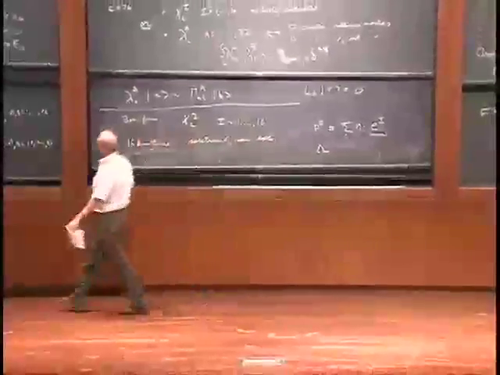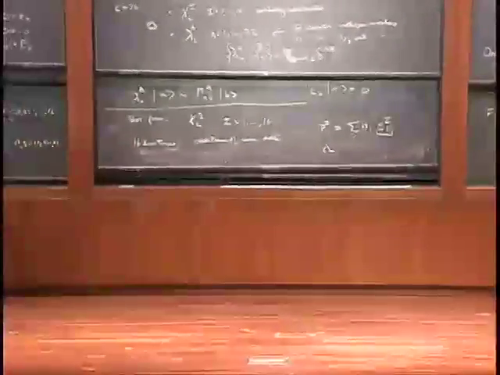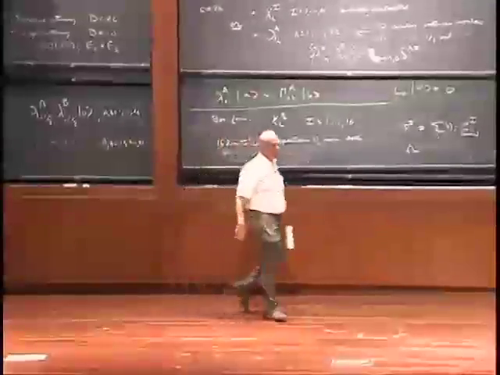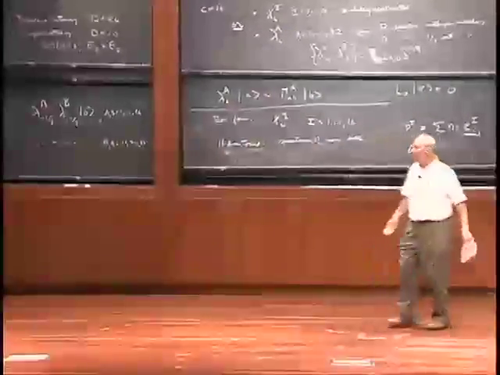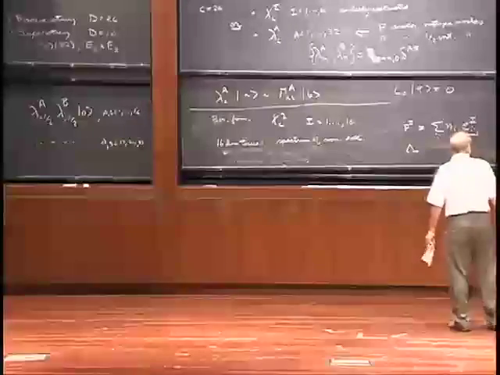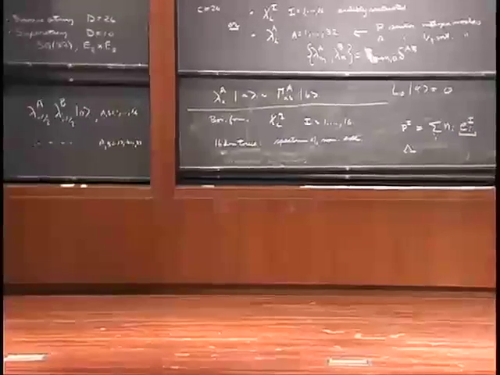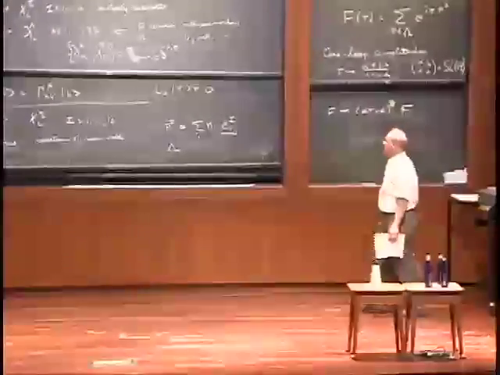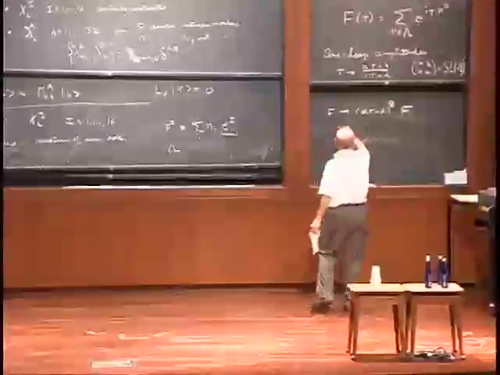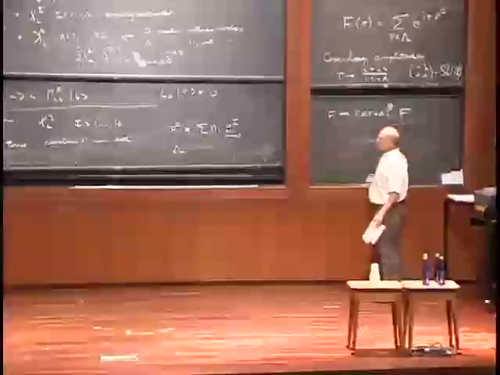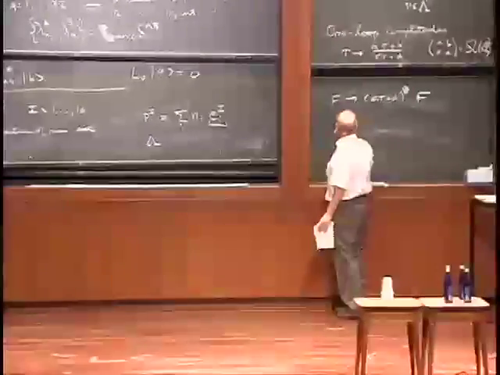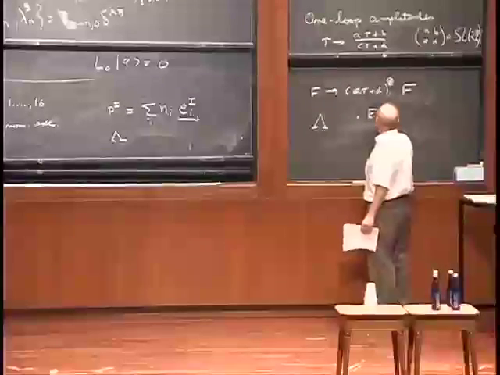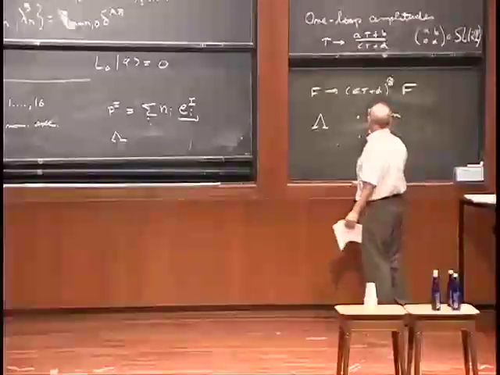And so if you're going to find any answers at all, it's got to have to do with these two groups, SO(32) and E8 times E8, because we know from other considerations that those are the only ones allowed by this anomaly analysis. So this looks a little bit like esoteric mathematics, but it turns out that this requirement is precisely the statement that this lattice lambda has certain properties, namely that it's what's called an even lattice and a self-dual lattice.